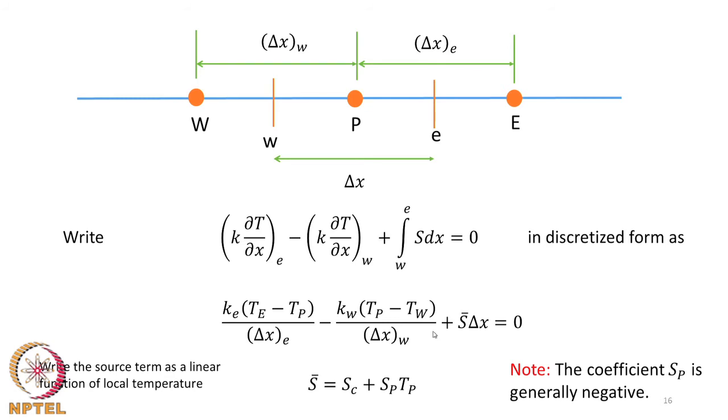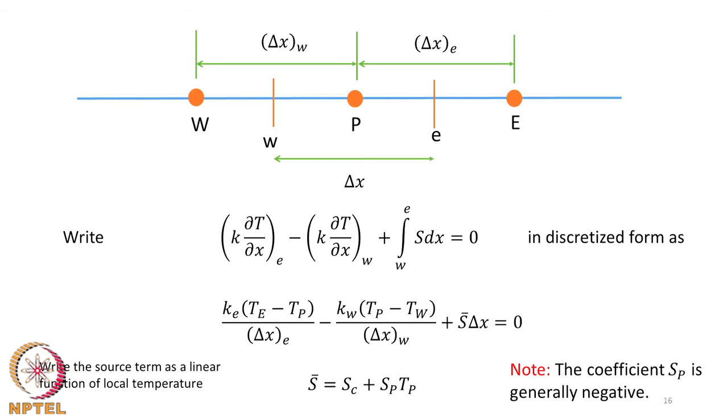And one small clarification here: in case the source term is a function of temperature, then necessarily we would like to linearize it in this form Sc plus Sp times Tp. The Sp does not indicate evaluation of the source term at the location P, it only indicates the coefficient of the source term with respect to the temperature. So, this is what is called a linearized source term, which means that if your source term is a non-linear function of temperature, we need to make it linear.